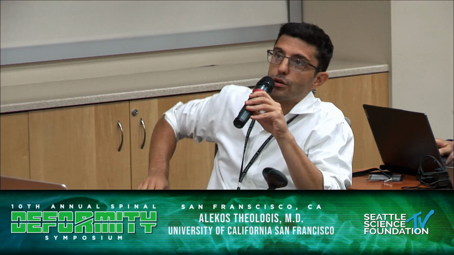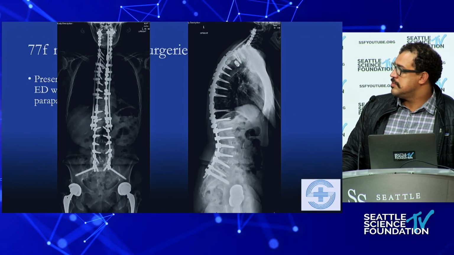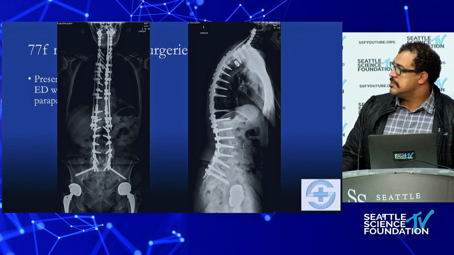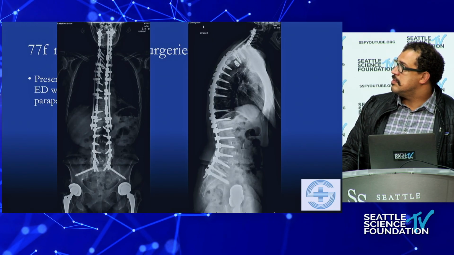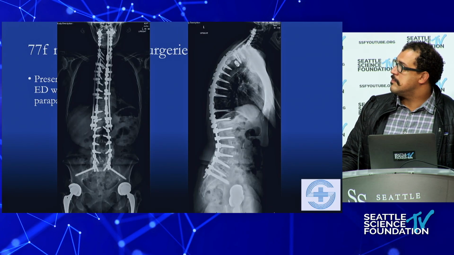That's a great question. So just grossly looking at it, her C7 S1 SVA is actually quite normal, or excuse me, it's forward. And then her C2 S1 SVA is pronounced even more forward thrust.